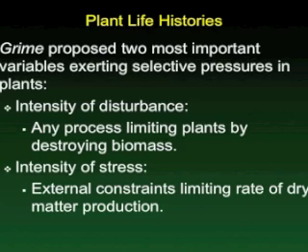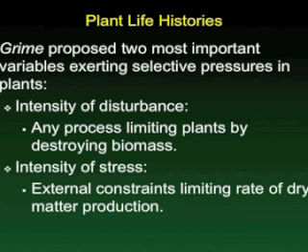Let's turn now to plant life histories and look at a classification of plant life history strategies that was developed by Grime. He started out by identifying the two most important variables that exert selective pressure on plants, and those were intensity of disturbance and intensity of stress.